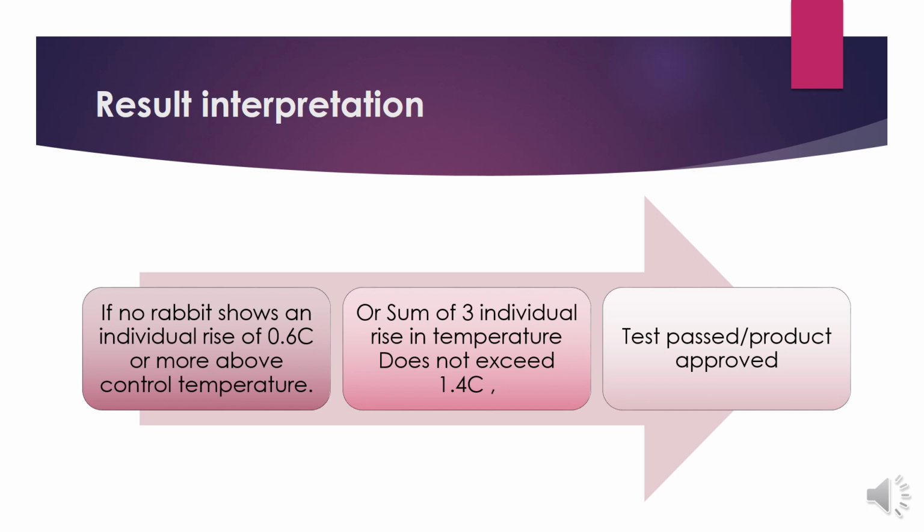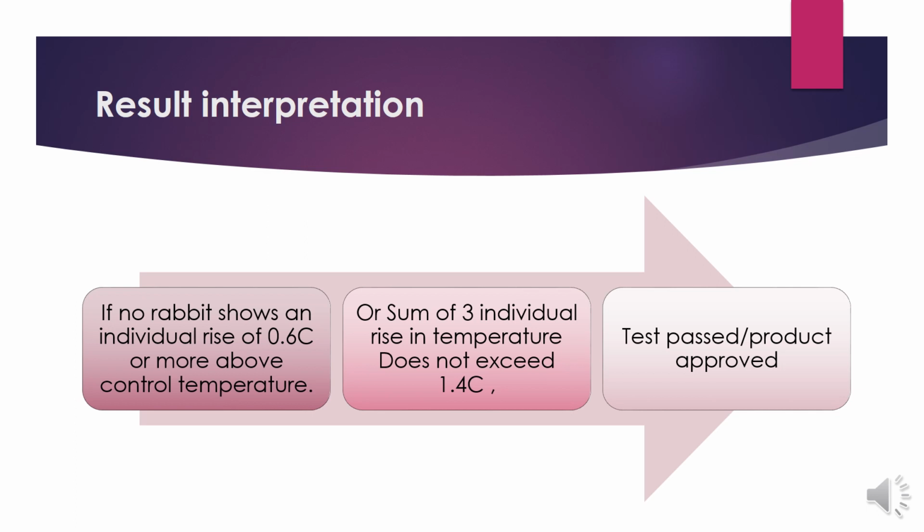Means by comparing the two readings, one before injection and three readings after injection, upon their comparison, if no rabbit shows an individual rise of 0.6 degrees centigrade or more above their control temperature, or the sum of these three individual rises does not exceed 1.4, means you have to add the differences, 0.6, 0.5, 0.4.